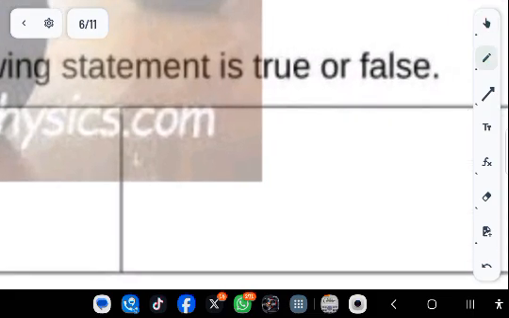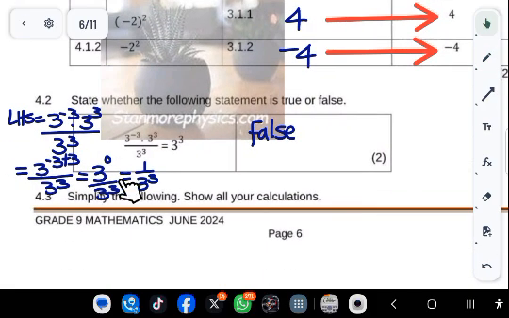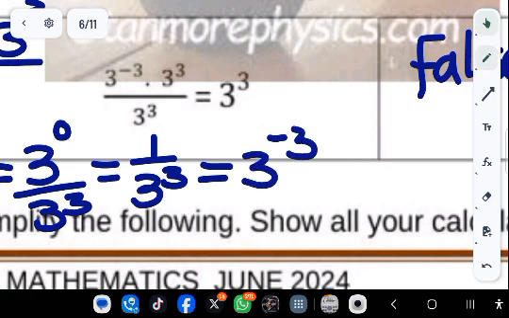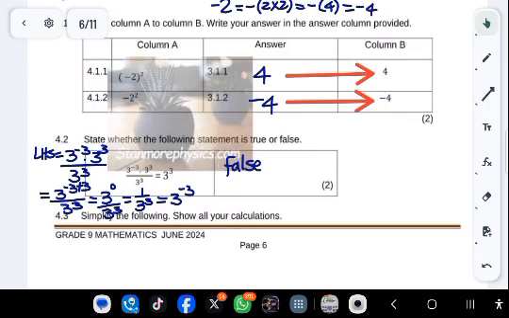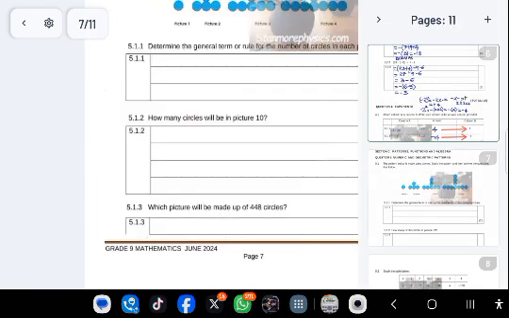So the statement is false, because 1 over 3 to the power of 3 is not equal to 2 to the power of 3. In fact, if you take the one at the bottom to the top, it will become 3 to the power of negative 3. 3 to the power of negative 3 is not equal to 3 to the power of 3, and therefore the statement is false. Moving on.